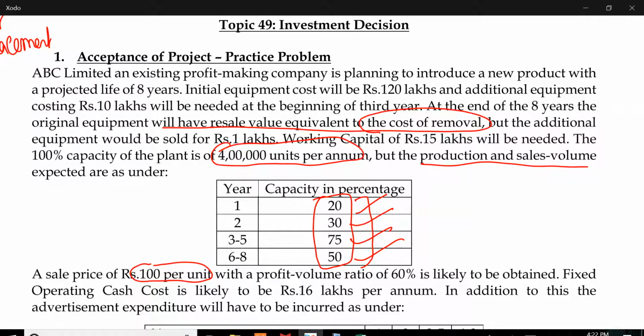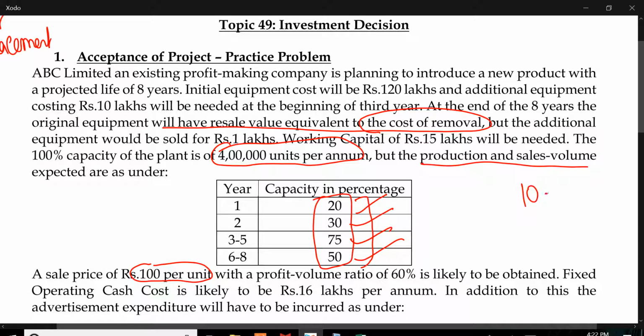Additional equipment, what is the depreciation? 10 lakh minus 1 lakh of salvage value divided by 6 years.